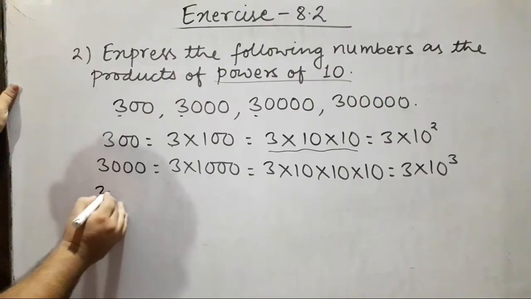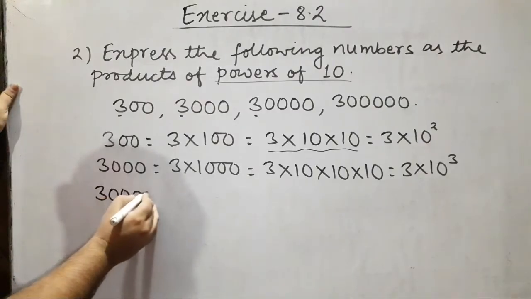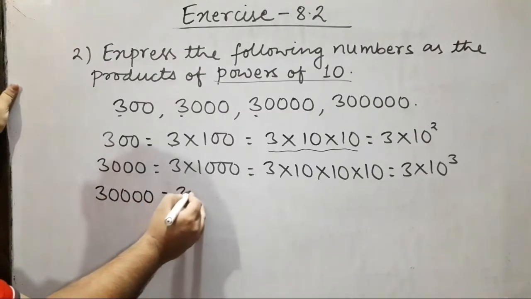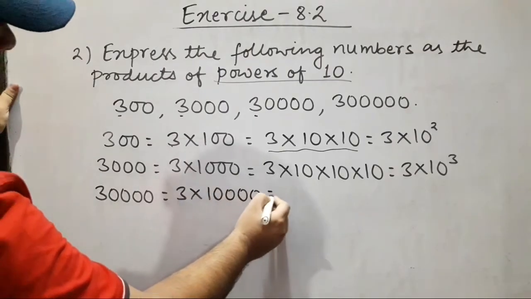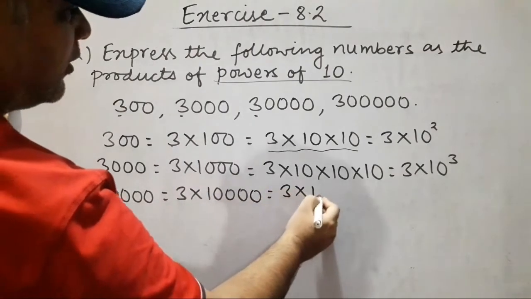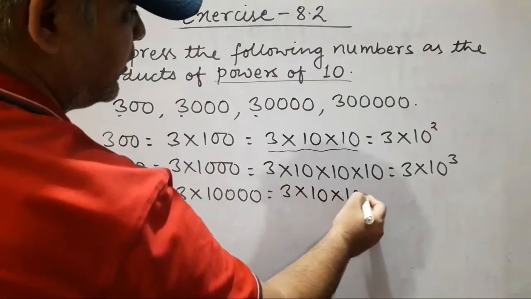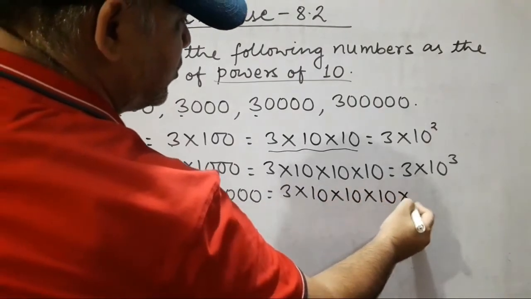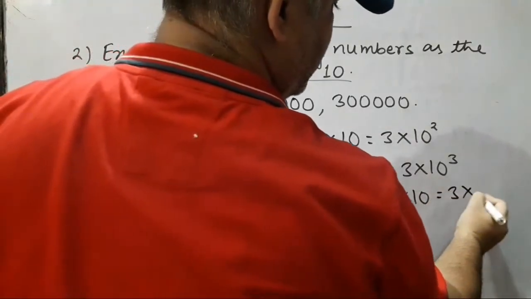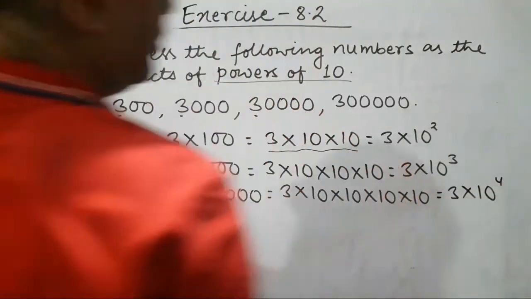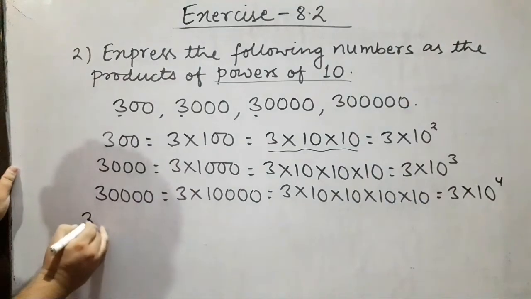30,000. It can be written as 3 into 10,000. 3 into 10 into 10 into 10 into 10, which can be written as 3 into 10 power 4. 3 lakh.